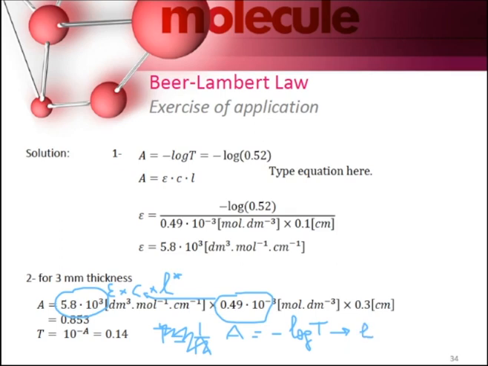Sorry, again, the log here is base 10. So if you want to write it like this, log T equals minus A. So if I take the exponent of it, I will get 10 to the power minus A equals T. And that's it.